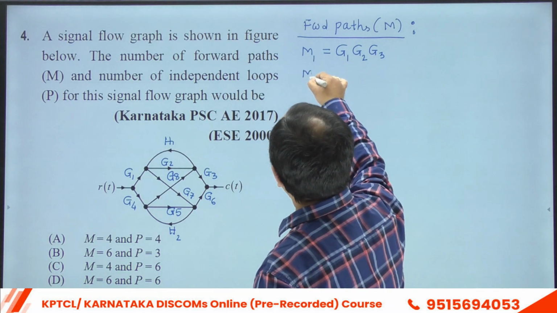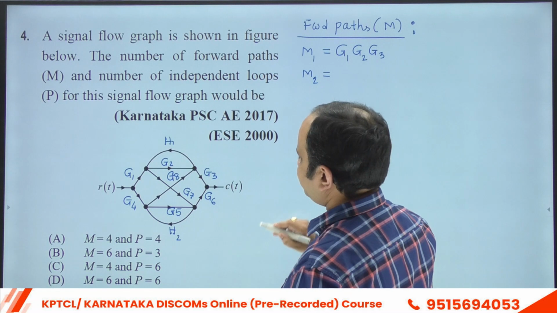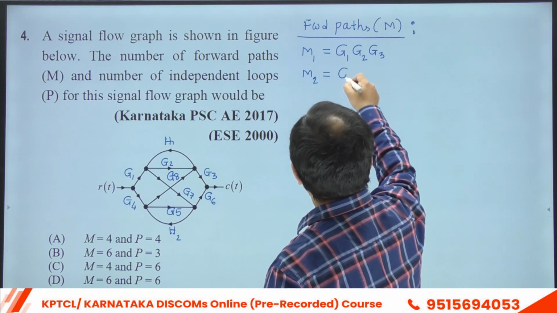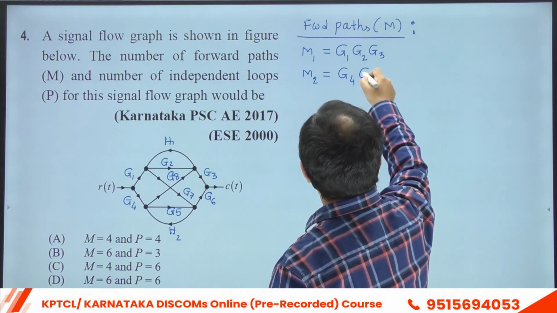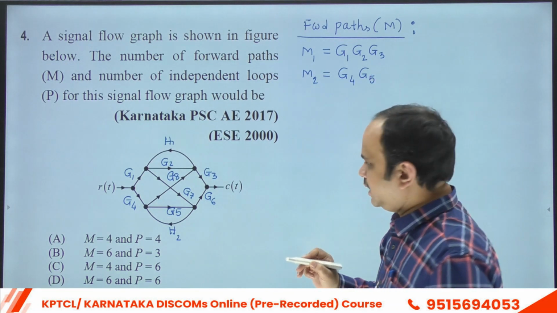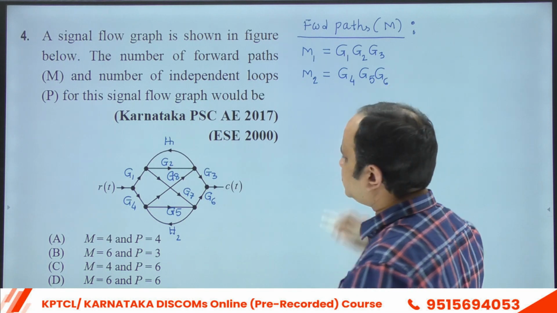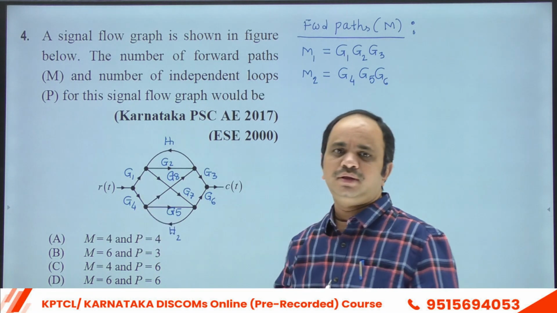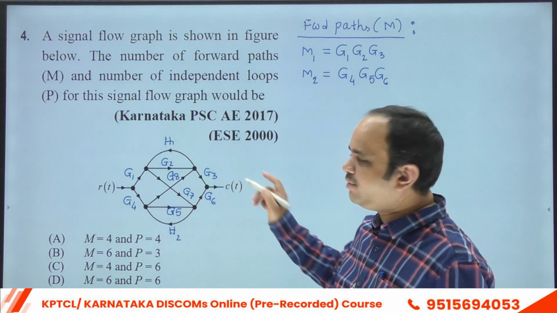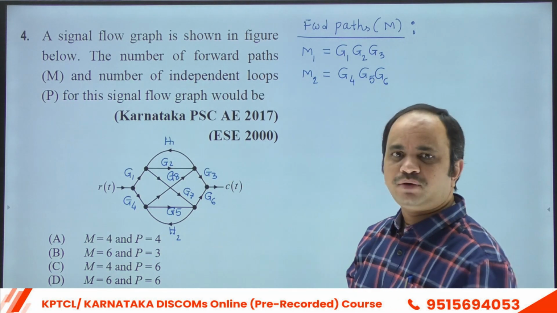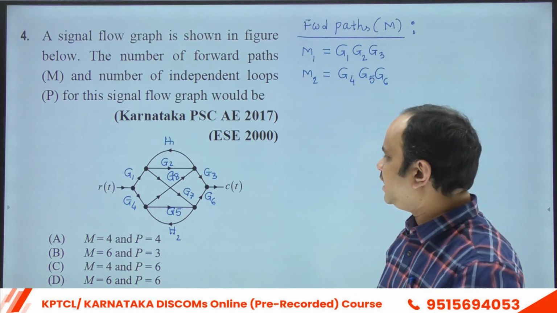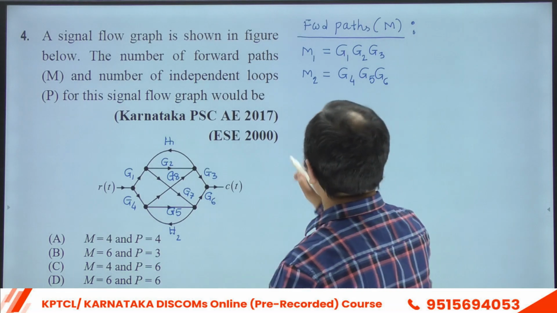Next, M2, G4, G5 and G6. So what do you mean by forward path? We should start from the input node, that is R of t, and we should travel up to output node, but we should not traverse once again any loop, any node.